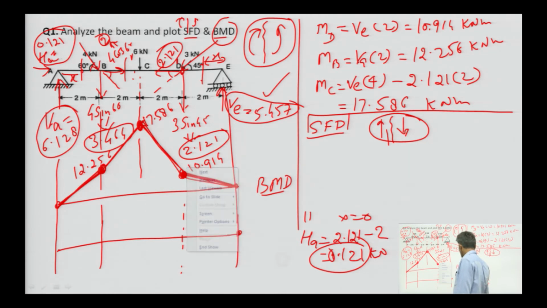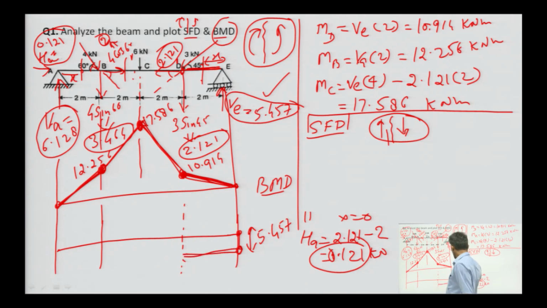So, we will be on the negative side. This value will be VE, and it is 5.457, right, okay. Since in between no force is acting, the shear force value is constant here.